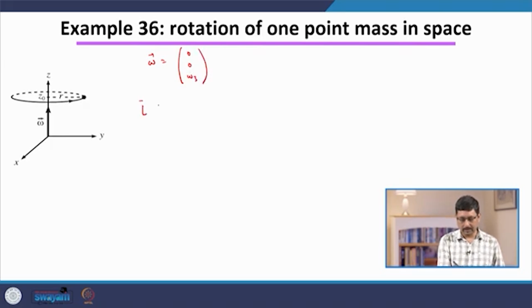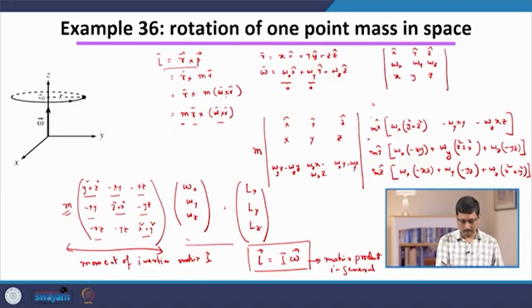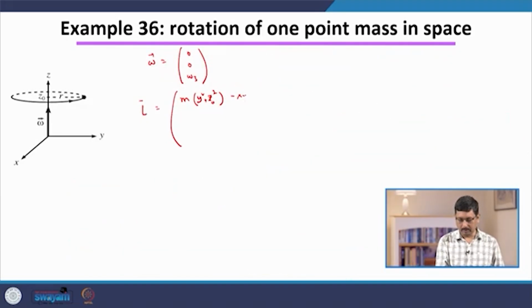So, our L is going to be m times, we have y square plus z naught square, then we have minus x y, and then we have minus x z. Let us write down the diagonal components first. This one is z naught square plus y square, and this is x square plus y square.